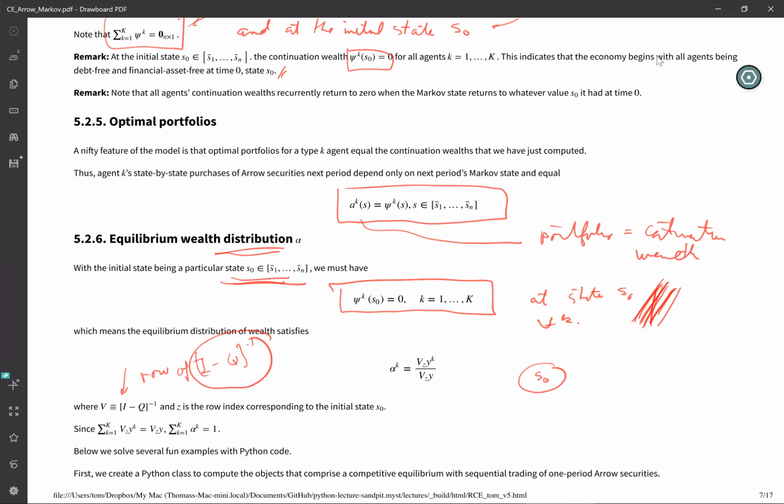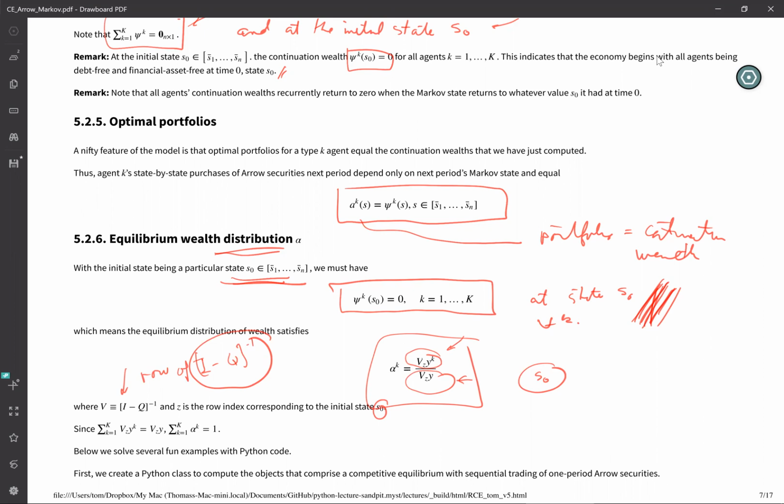So we're going to take that row that corresponds to the initial state and apply it to my endowment. That's my equilibrium wealth. And in the denominator, that's the equilibrium wealth of the whole economy. So this alpha k is my share of the wealth relative to the whole economy. That's what this formula is saying.